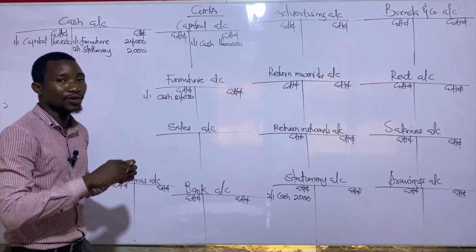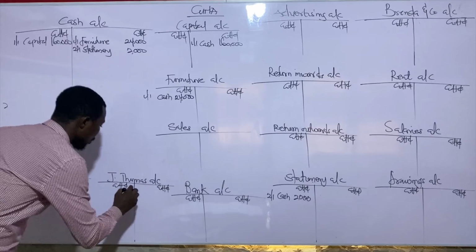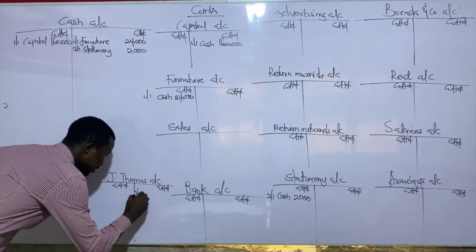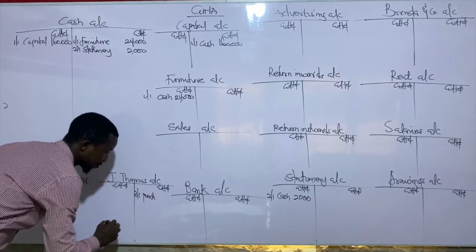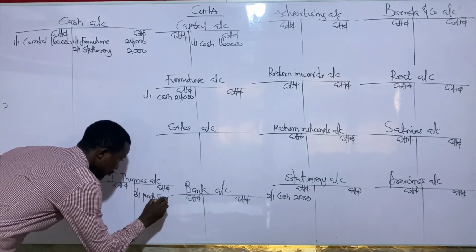So we credit J. Thomas's account. We look for J. Thomas as a creditor. That was on the 3rd of January. So it was purchases that we made. The amount was 50,000.